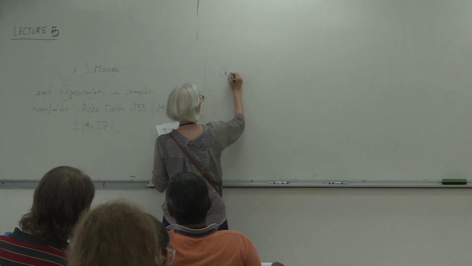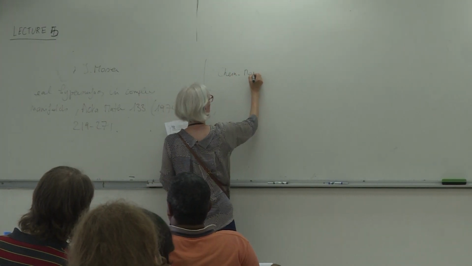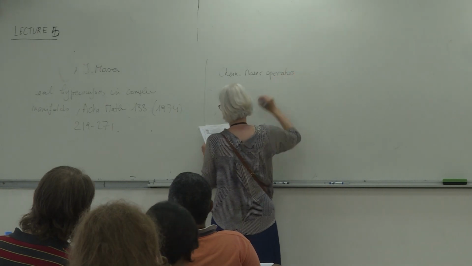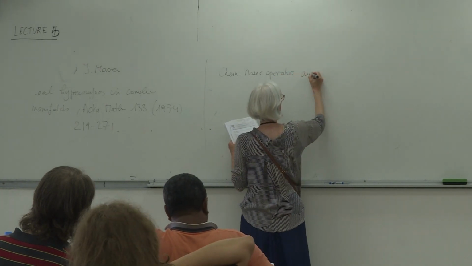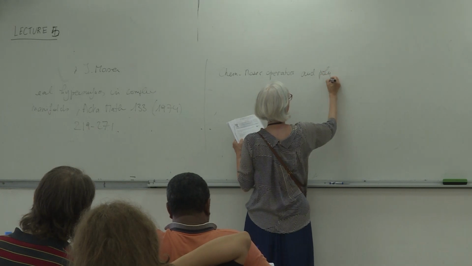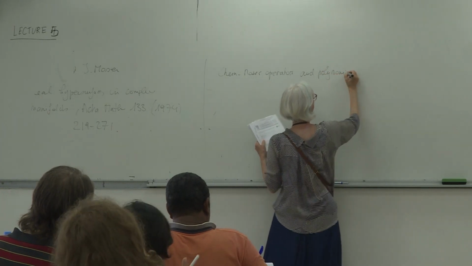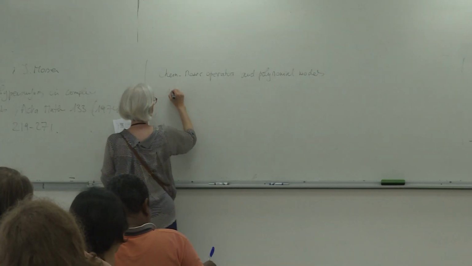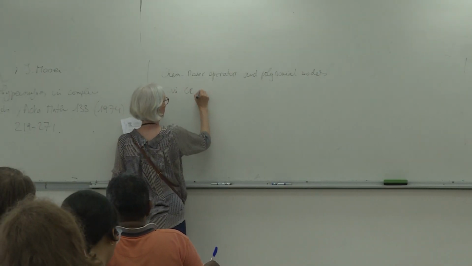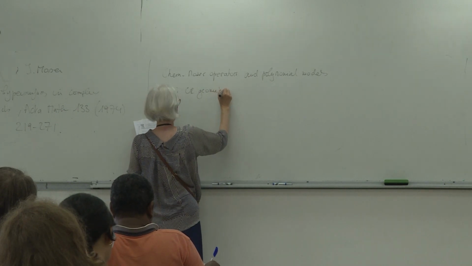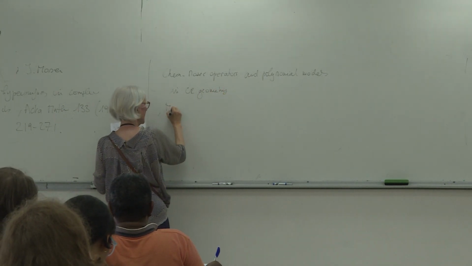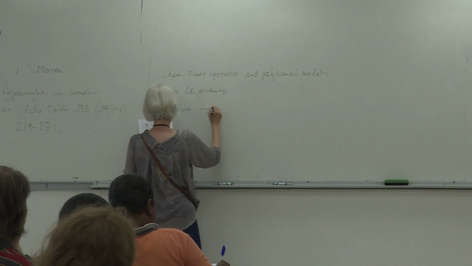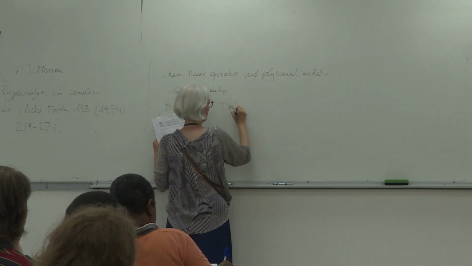It's Chern–Moser operators and polynomial models in CR geometry, by Martin Kolar and Dmitry Zaitsev.